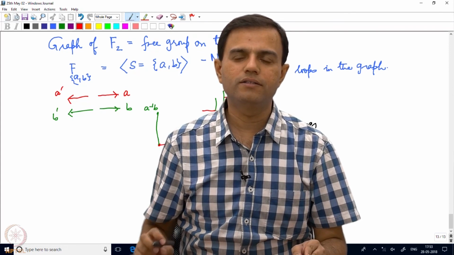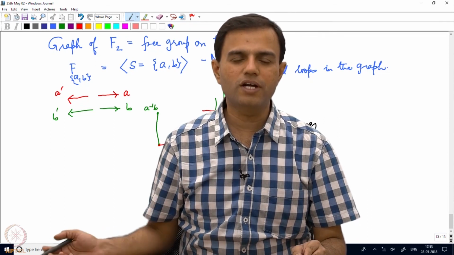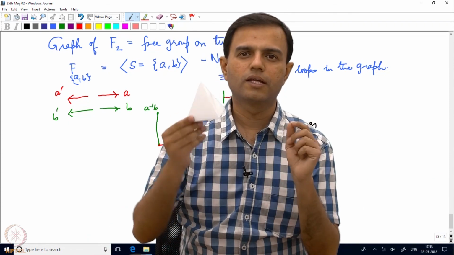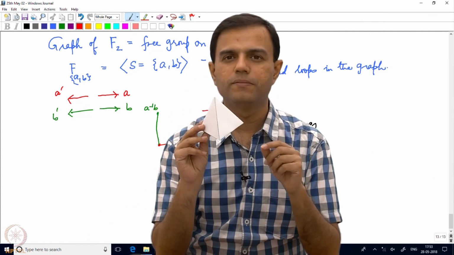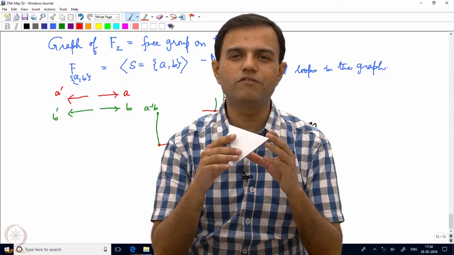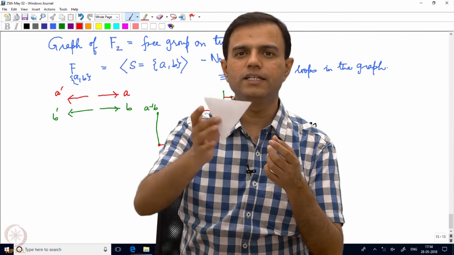And some more graphs we are going to draw in coming lectures, and lots of those graphs are going to come from symmetry. We are going to understand groups of symmetries of various geometric objects, various things like this.